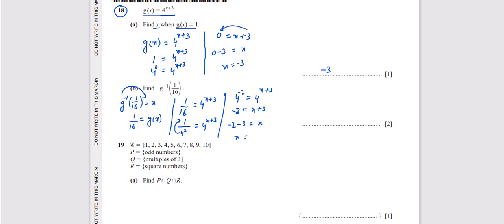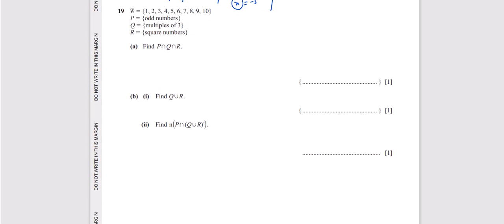So x is equal to minus 5. So g inverse of 1 over 16 is equal to minus 5. So the final answer is minus 5.